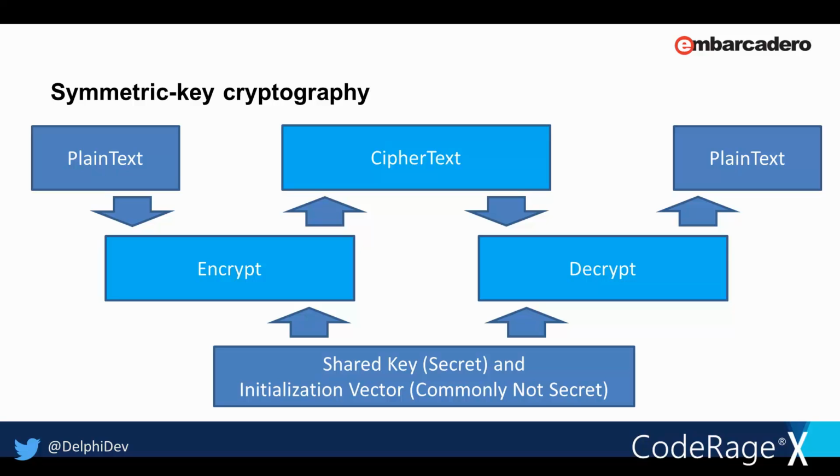Together, these are used during the encryption process to produce the resulting ciphertext. The key and the IV both need to be used again to decrypt the data. Note that the shared key is considered secret, and the initialization vector is commonly not a shared secret.